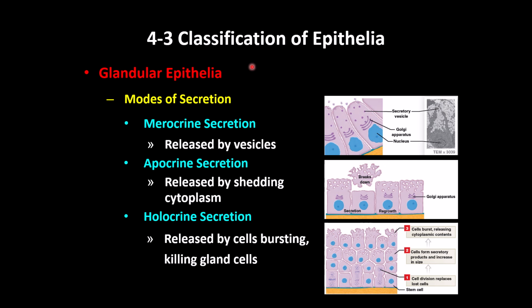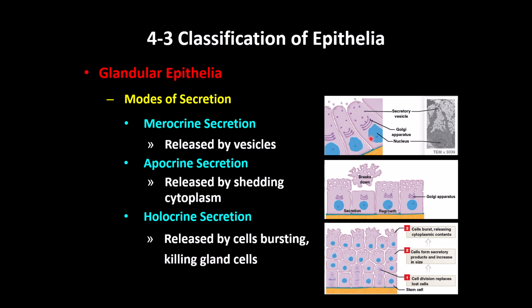Types of secretions, or modes of secretion. One is called merocrine secretion. Here the cells produce the different secretions, and they are packed in vesicles. These are the secretory vesicles inside the cell, and they are gradually released. And the cells will stay alive.